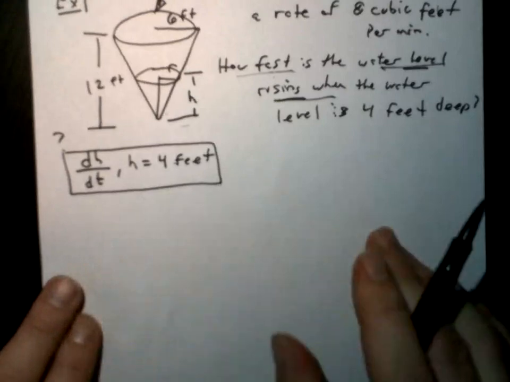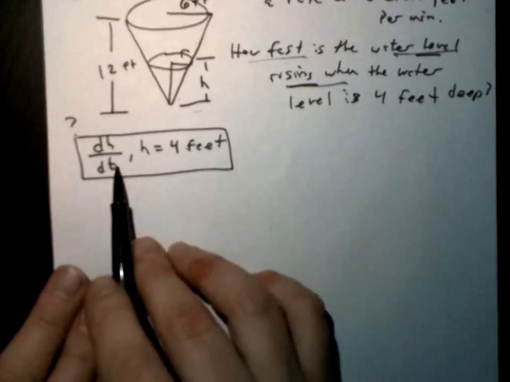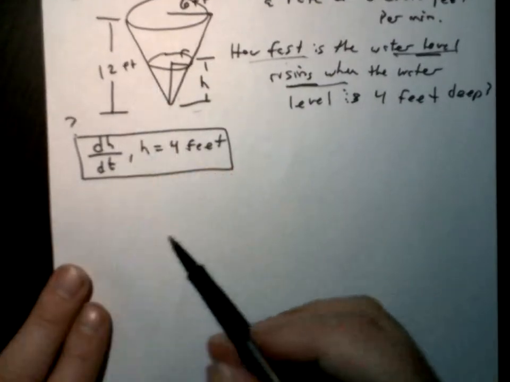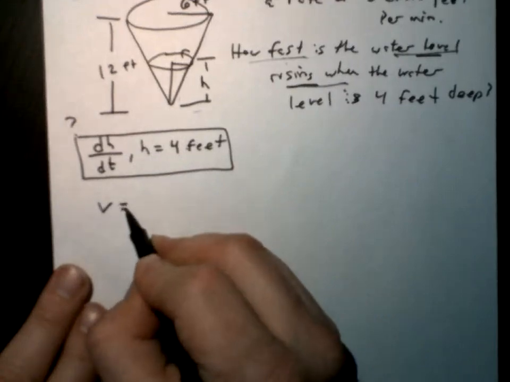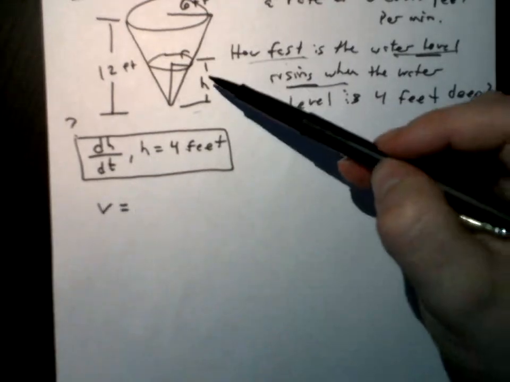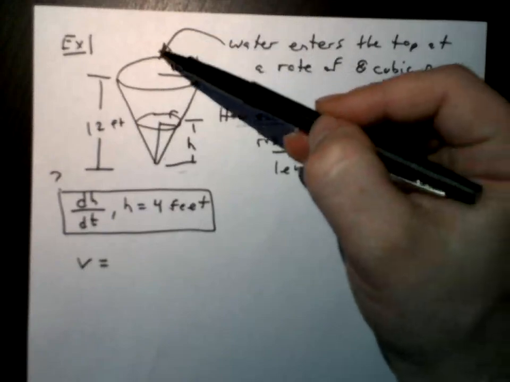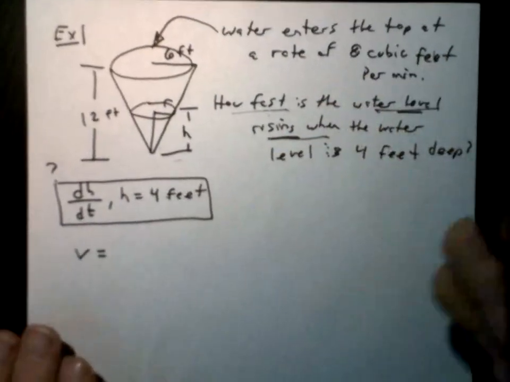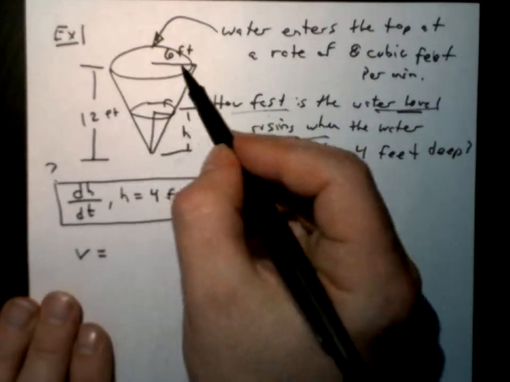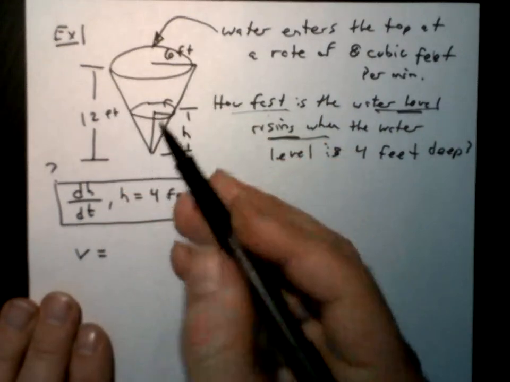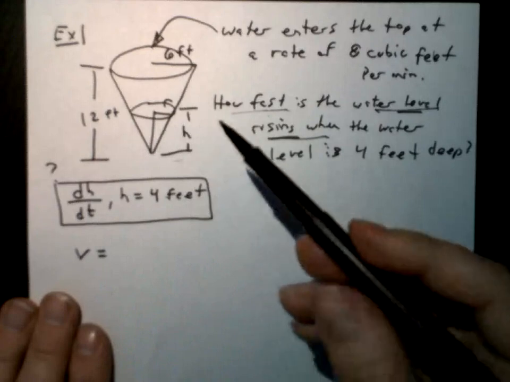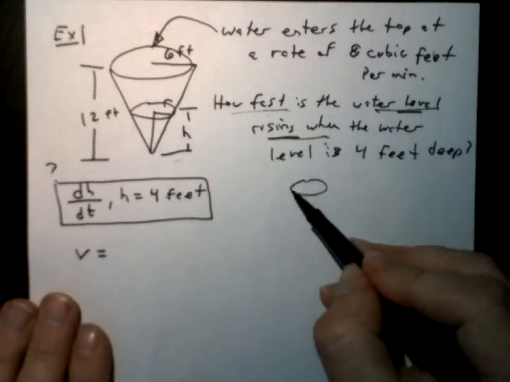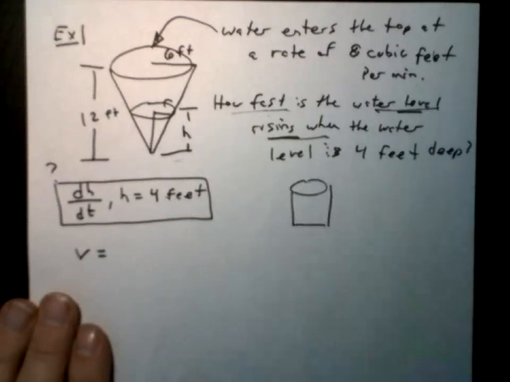Okay, so we know what we need to find. We have a picture. Let's go ahead and look at a formula. So here's the formula. Remember, this is volume because water is seeping inside. So we want to look at a volume. The volume of a circular cone is almost like a cylinder, but it's been cut to 1/3.